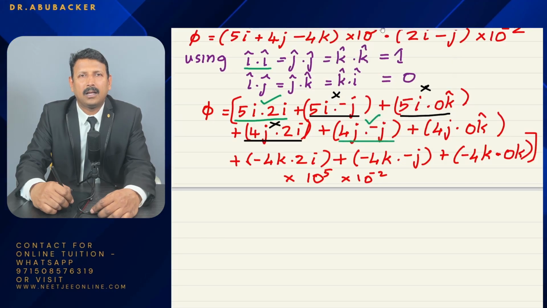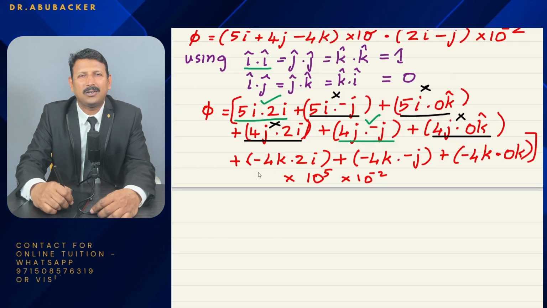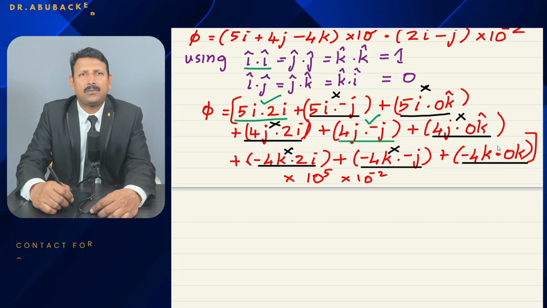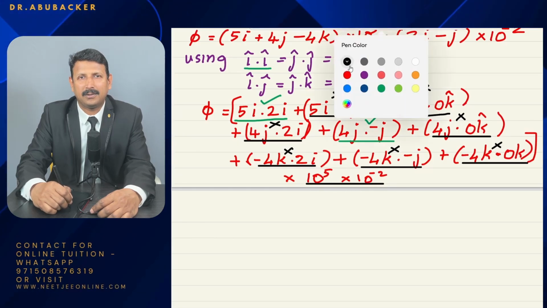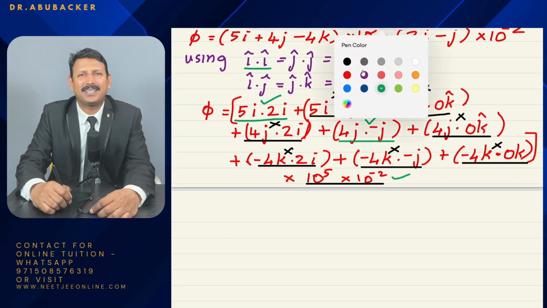Now i dot j does not exist, the answer is 0. i dot 0k, anyway i dot k itself is 0, no need to look into the coefficient of k. Now 4j dot 2i does not exist because it is j dot i. 4j dot minus j, yes it exists, I gave a tick mark. The third one does not exist.